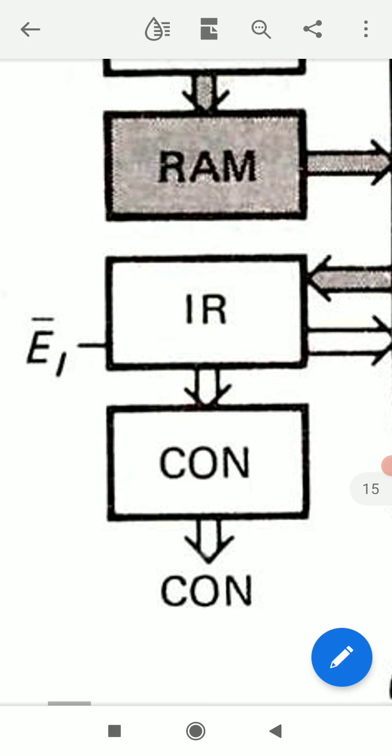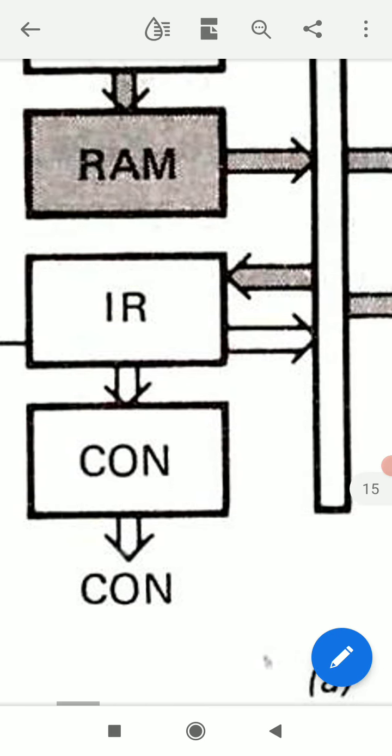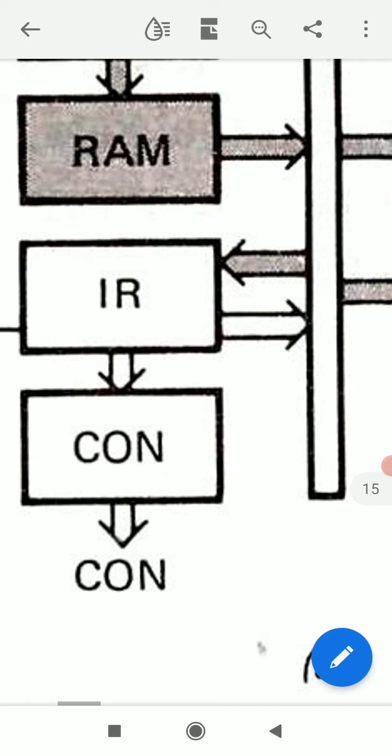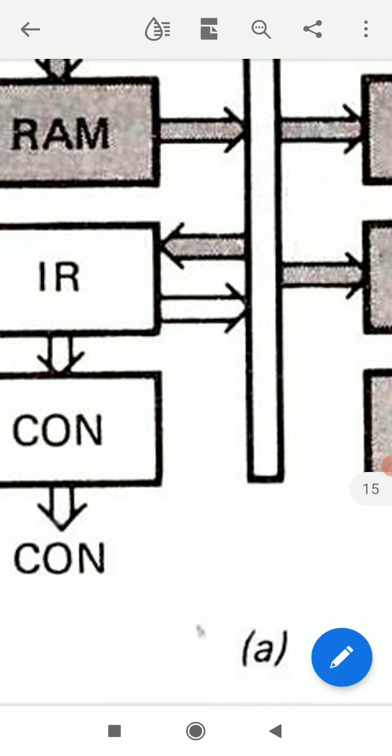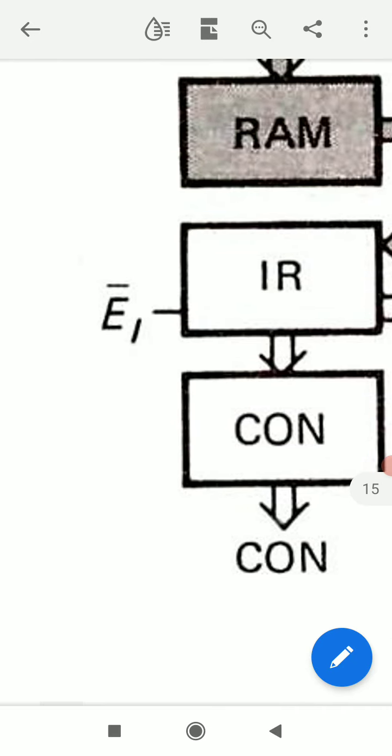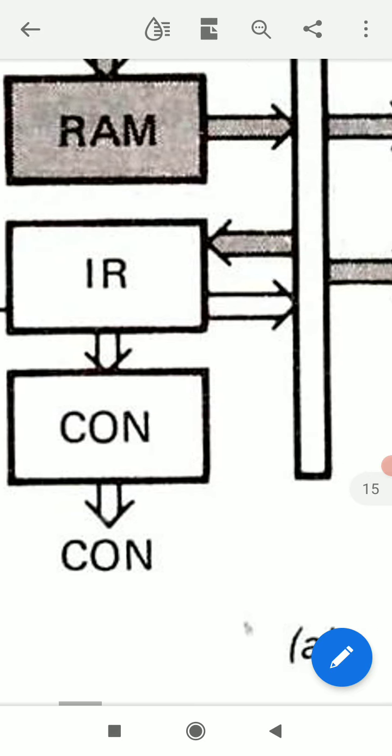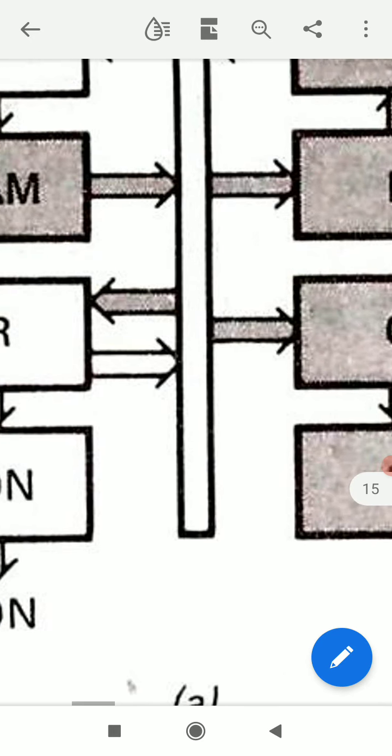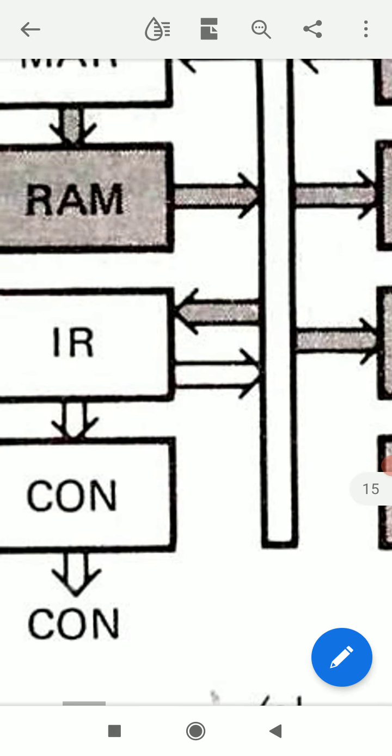From instruction register, 4 bits go directly to controller sequencer CON, and 4 bits go to this W bus, and this happens when EI bar is active. EI bar, E for enable, I for instruction register. When EI bar is active, then these 4 bits go to W bus from IR, instruction register.